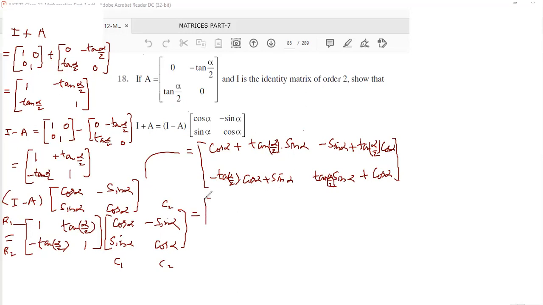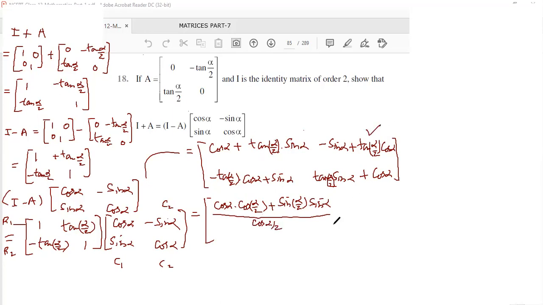So we get cos alpha into cos(alpha/2) plus sin(alpha/2) into sin alpha, and the whole denominator will be cos(alpha/2). This is the first element.